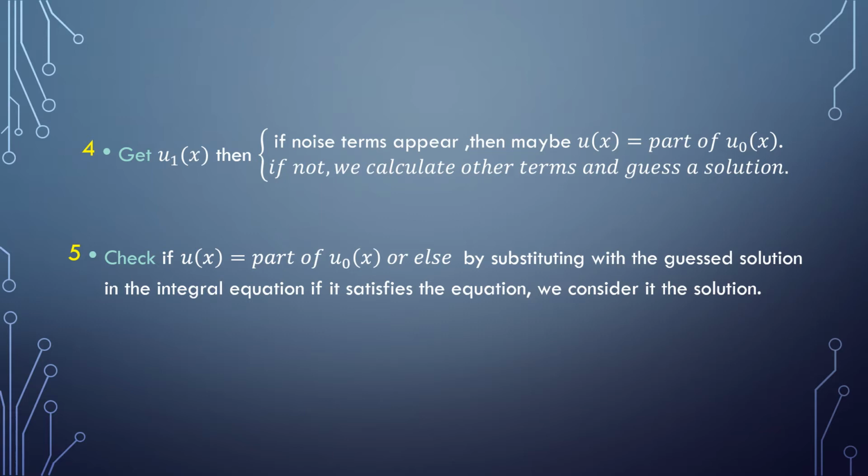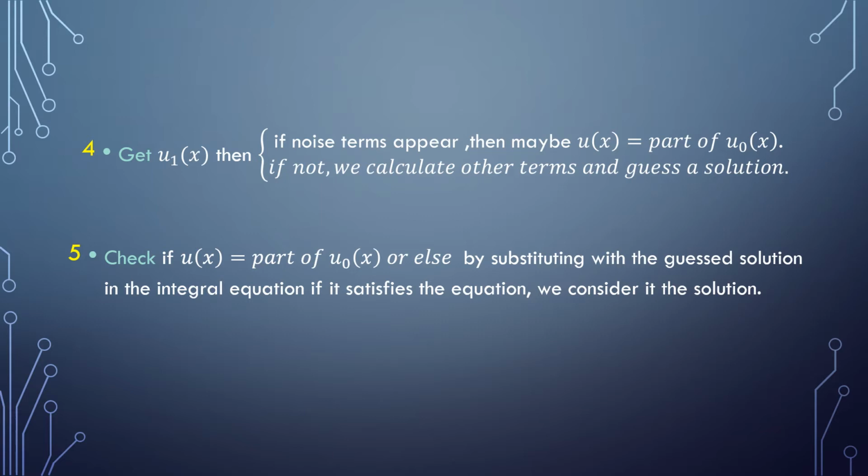Then you claim that u of x equals the part of u0 of x that is not cancelled. If we did not find noise terms, we evaluate u2 of x and then add u0 plus u1 plus u2 and see if there are noise terms or not. Okay, after that we write our claim according to the cancellations.